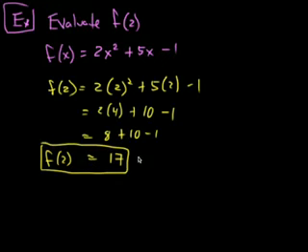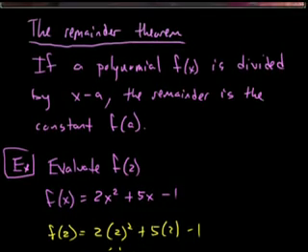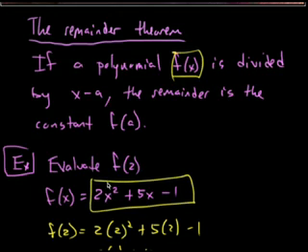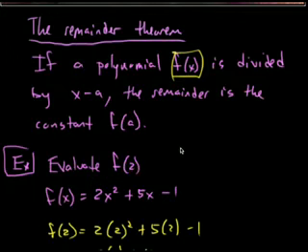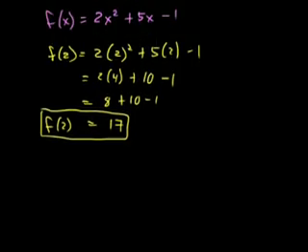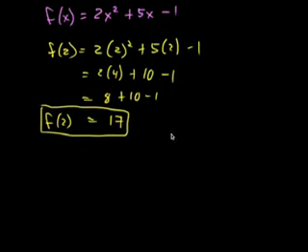So that's not that difficult, but what this remainder theorem is saying is, what if I took my polynomial, that was f of x, and divided by x minus a. Now what was a for us? A was the 2. So if I divide by x minus a, they're saying that the remainder should be this 17 that I got. So this is the alternate method, method 2.